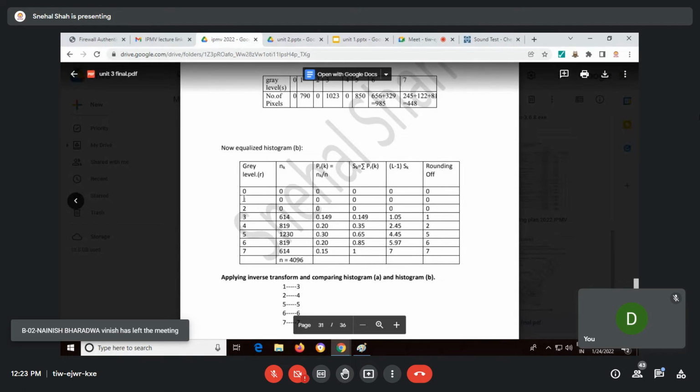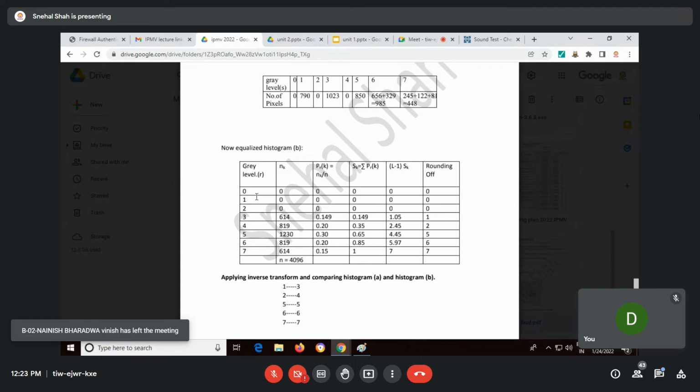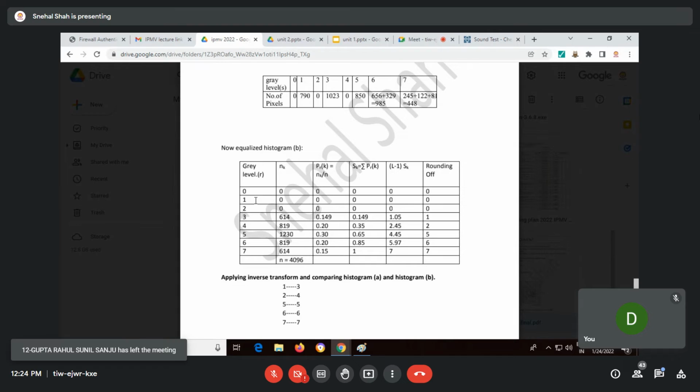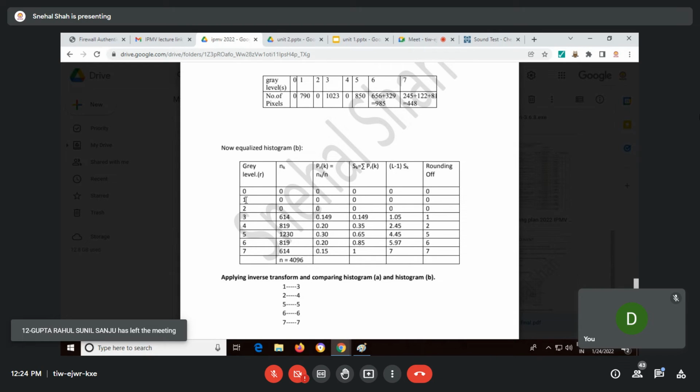So now for this 1 you have to look in reverse. Again I am going to repeat, in the specification for whatever the second histogram equalized table you made, here you have to apply the inverse transform. So you have to check these old gray levels, that is 1.